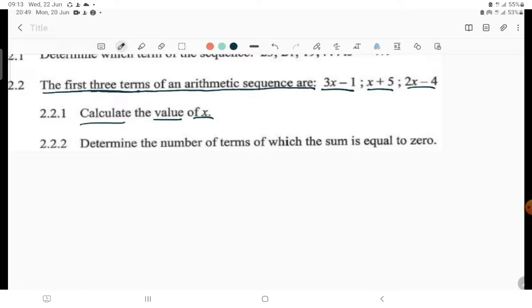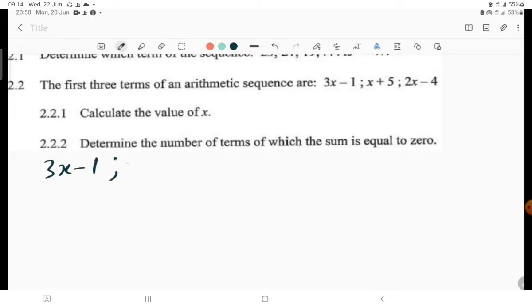It is very important that when you are having x as an unknown, they have to give you the name of the sequence that you are dealing with. Otherwise, without having the name of the sequence, there must be other information provided. Now let's have this pattern, which is 3x minus 1, then the second one is x plus 5, then the third one is 2x minus 4.